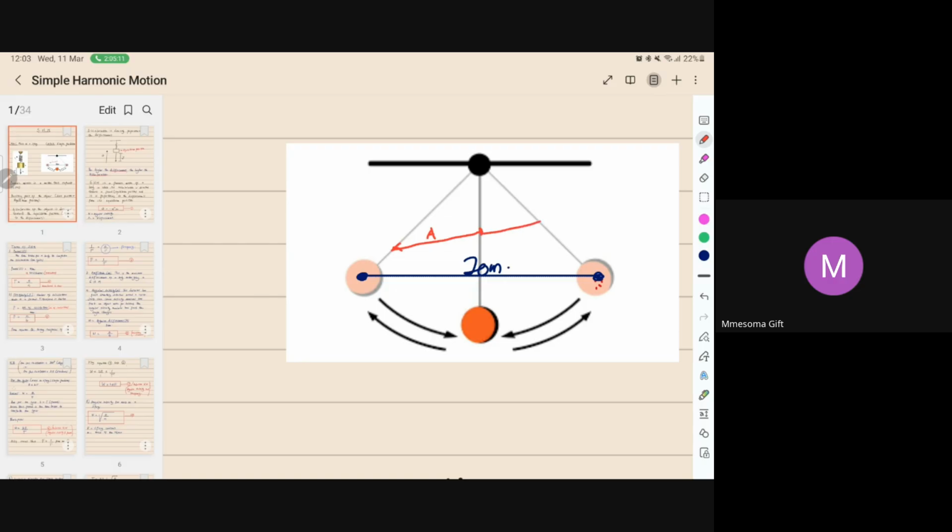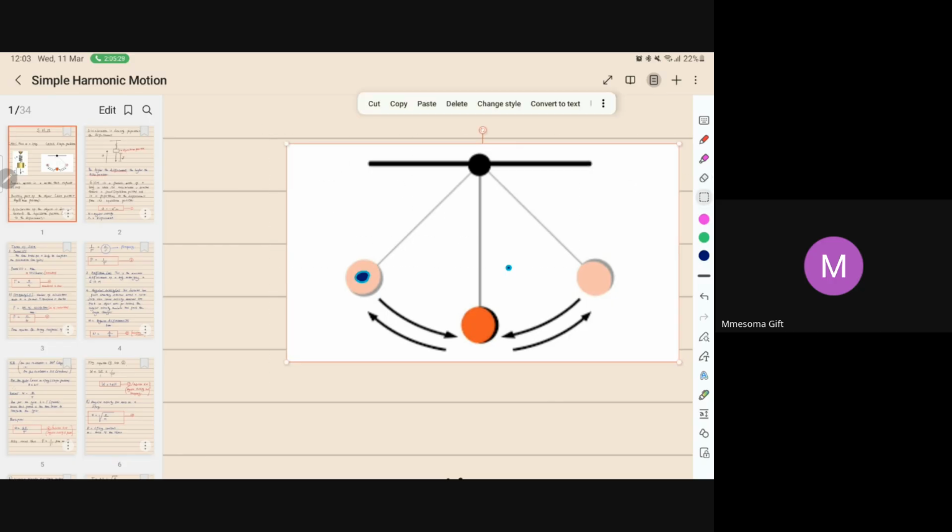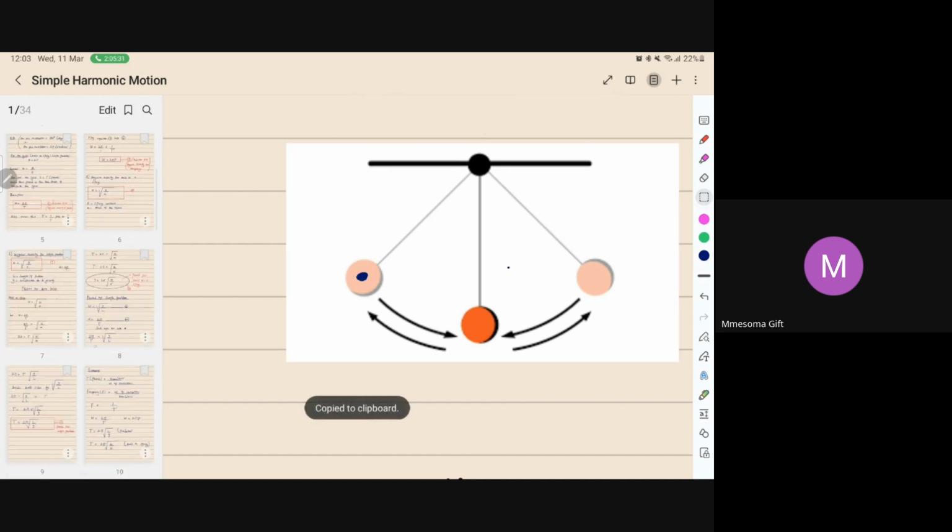This is also your amplitude. But the distance between the 2 points is from here to here. Does that make sense? Good. Let's make use of this diagram for that question. Thank you for taking me back to that place. I think this diagram will make more sense for you guys to capture what I'm saying.